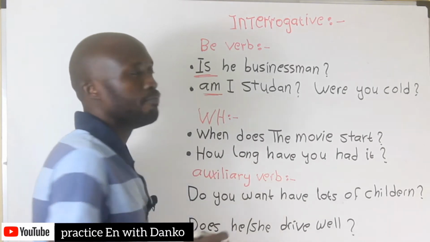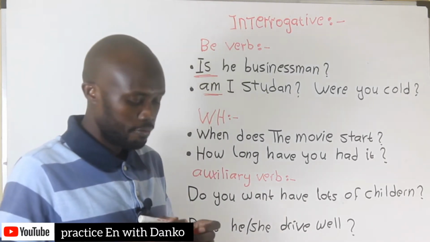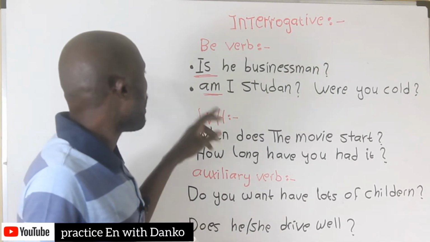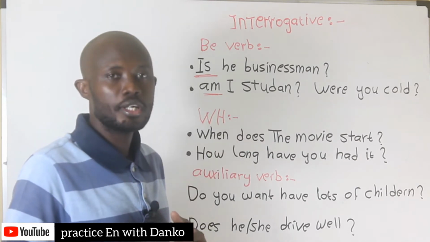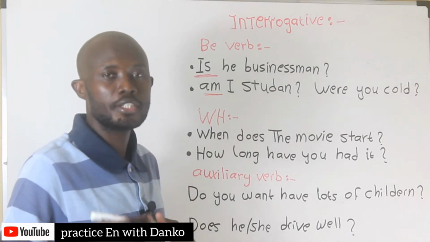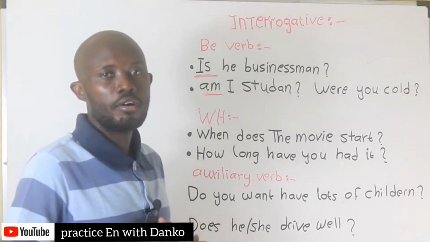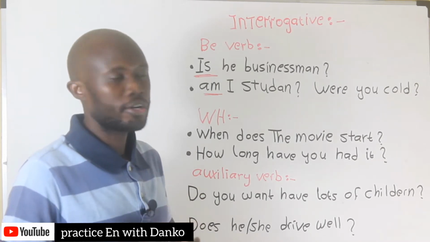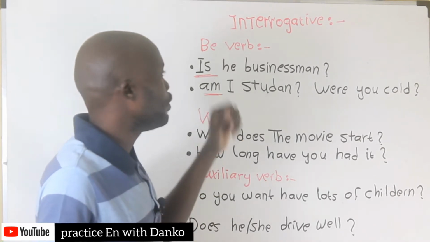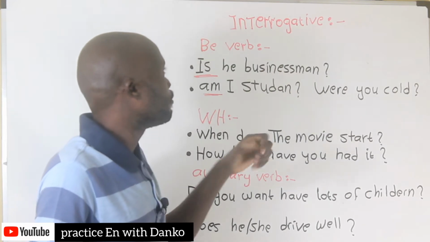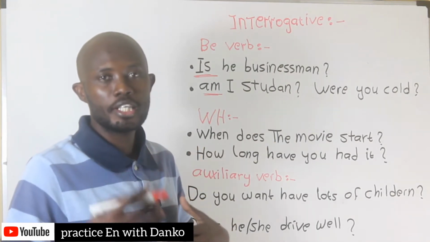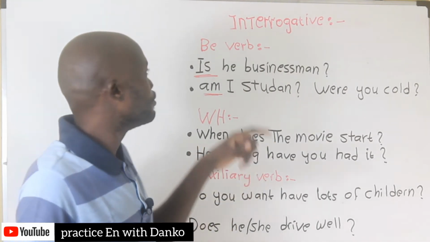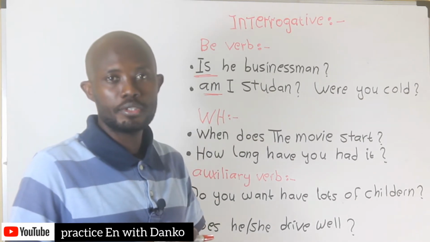I'm a student. The answer becomes yes, you are, or no, you are not. Here we use the interrogative form with be verbs.